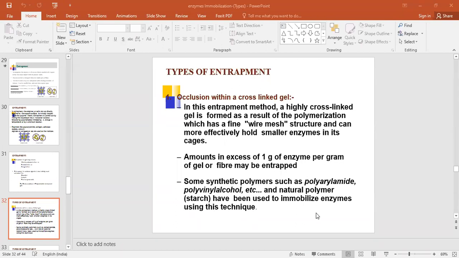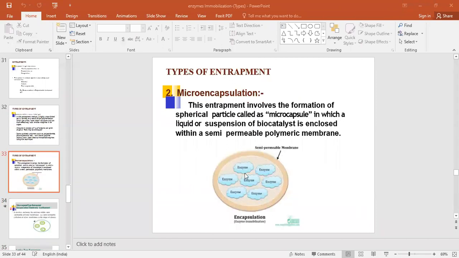Here the matrix polymers which are used are polyacrylamide gel, polyvinyl alcohol, or natural polymers like starch. So all of these are used for the entrapment process.